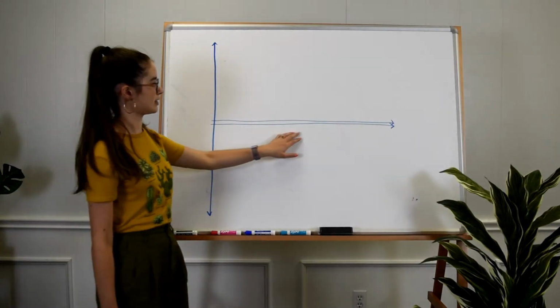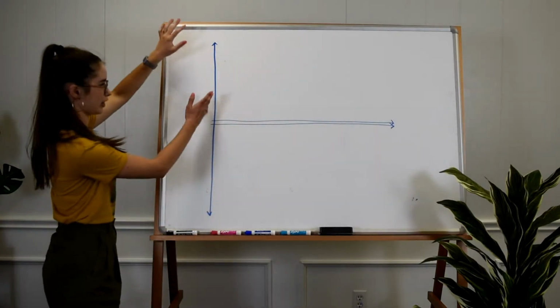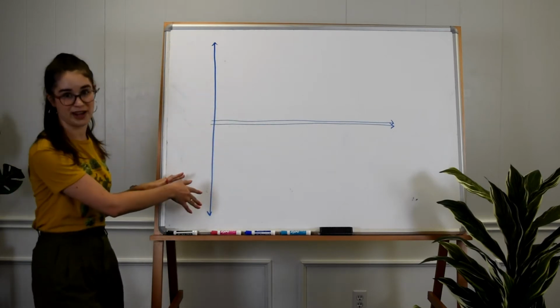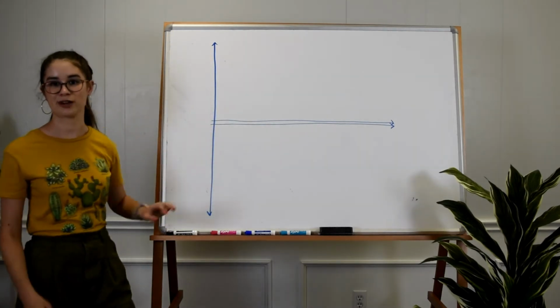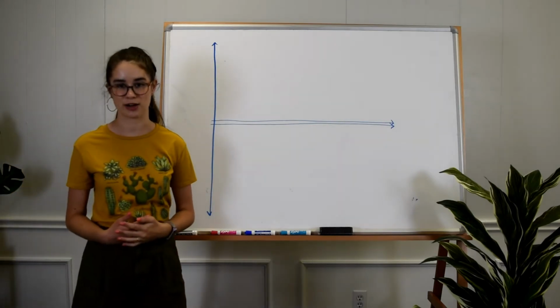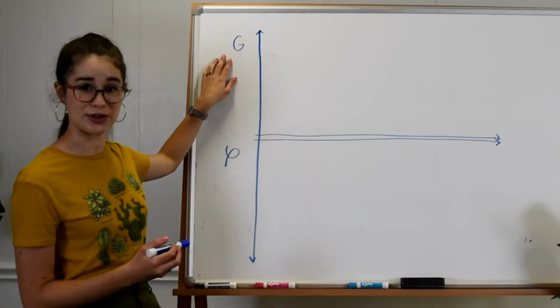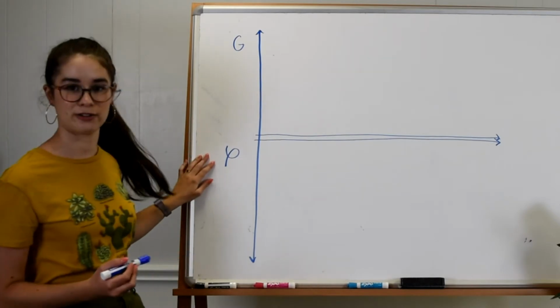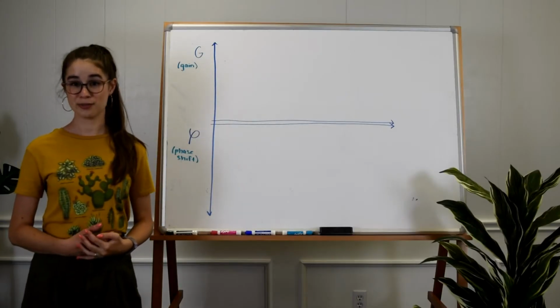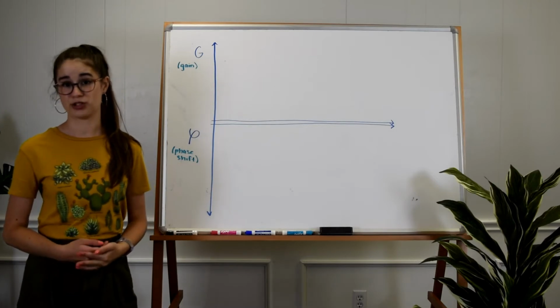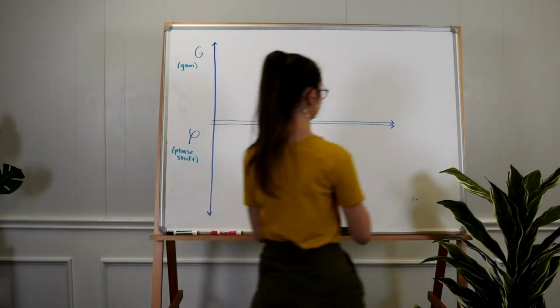The double x-axes help denote that the top half of the graph is separate from the bottom half of the graph. So as opposed to positive and negative, we have two different pieces to the y-axis here. On the top, we have gain, denoted G, and on the bottom, we have our phase shift, denoted phi. Both are graphed against our input frequency omega, which is going to be our x-axis.